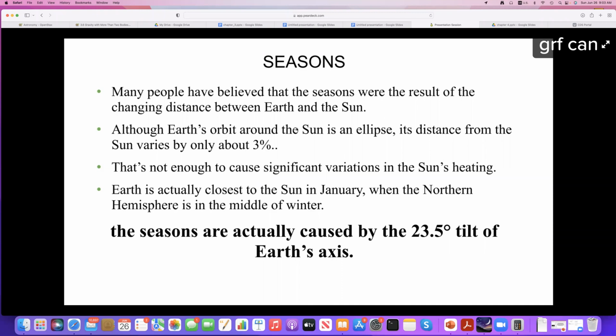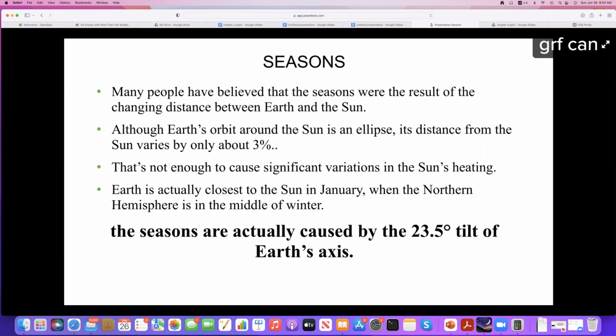Actually, I think this wrong perception came from the fact that when we draw the path of our Earth around the Sun, we make it a highly elliptical orbit, right? Which is actually not the case, because we are in an elliptical orbit, as I told you, but it is not as elliptical as we thought.